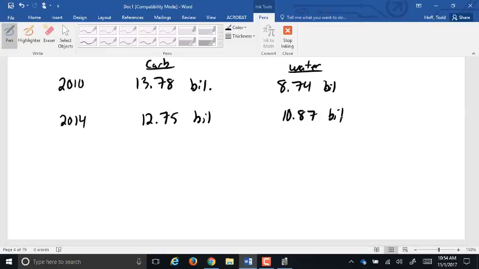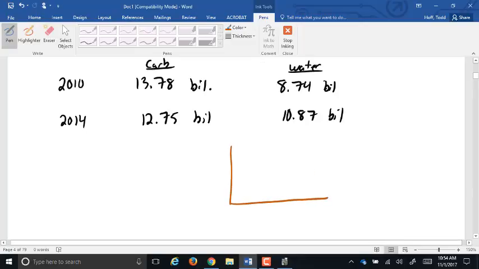And let's see here. What was the rate of change for the soft drink sales? If you're looking at rate of change, you've got to look at the graph. On the graph, of course, the horizontal axis would be the year, so that'd be the 2010 and the 2014. And the vertical axis would be your sales.